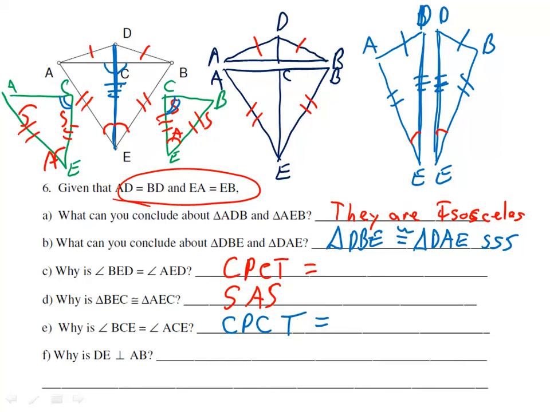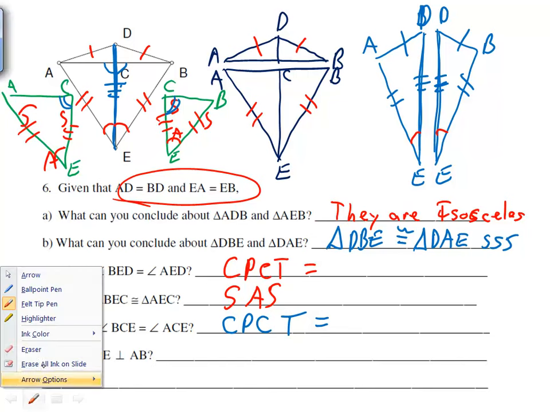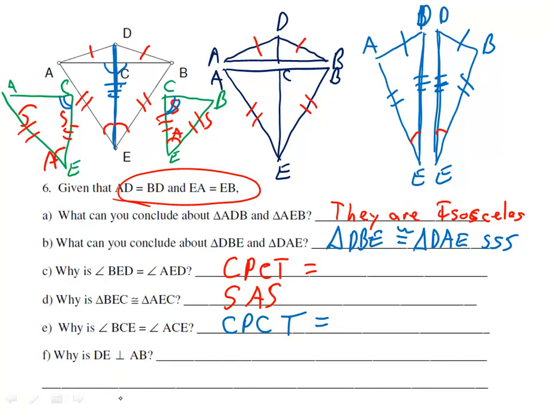Alright, so why is DE perpendicular to AB? Now this one is a little trickier. So what parts are we talking about here? We're talking about DE, that's this one, and AB. Okay, so, well, here's this angle. They are a linear pair. They share one side. Their other sides are opposite rays.